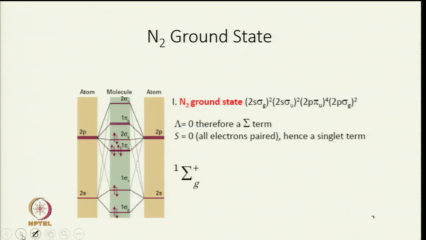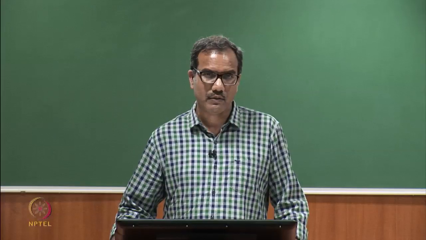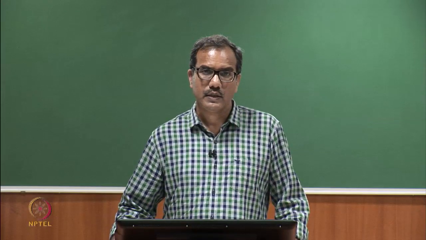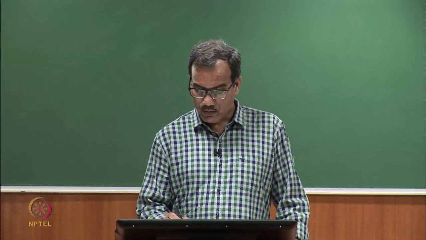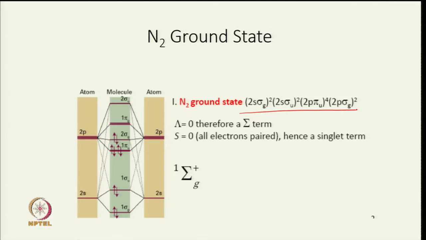Now, let us think about some other molecule. For example, let us calculate the term for the N2 ground state. This is the electronic configuration: 2 in sigma g, 2 in sigma u, 4 in pi u and 2 in sigma g.